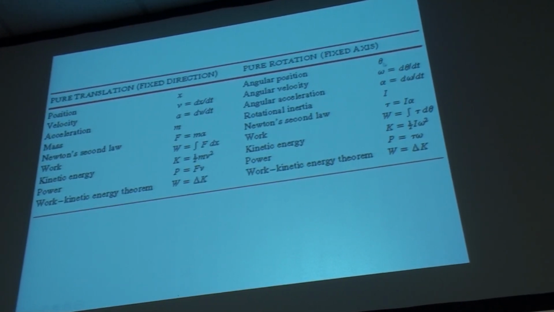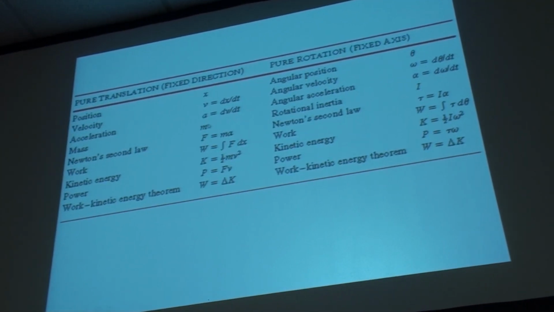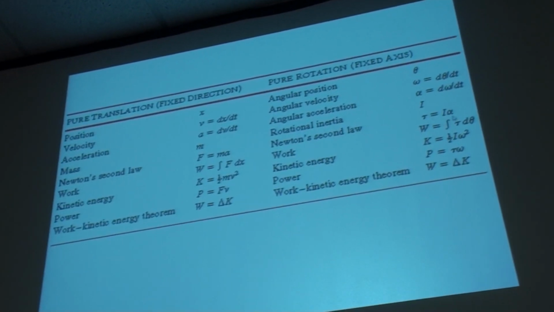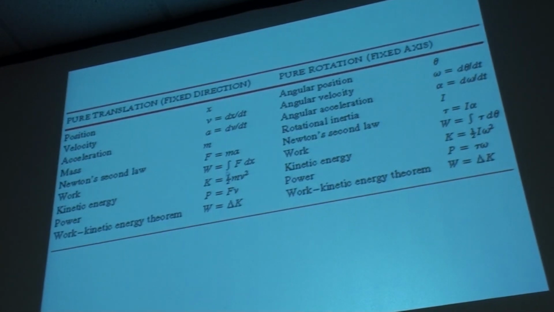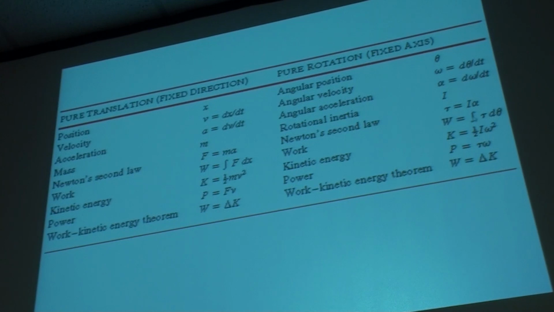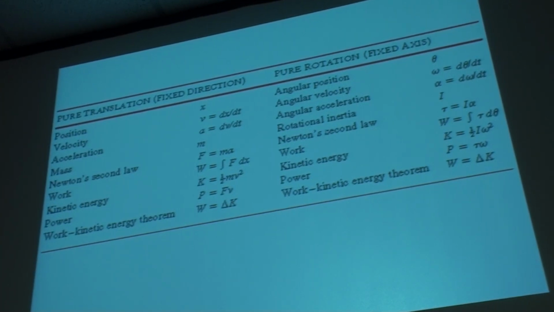So position becomes theta, velocity becomes omega, acceleration becomes alpha, mass becomes moment of inertia, then F equals ma becomes torque equals I alpha. Work, the integral of F dot dx, becomes work done by torque, which is the integral of torque times d theta, because F is replaced by torque, and x is replaced by theta. And so isn't that interesting, that the work done is equal to the torque times the change in the angle.